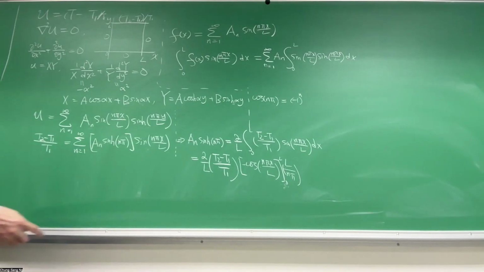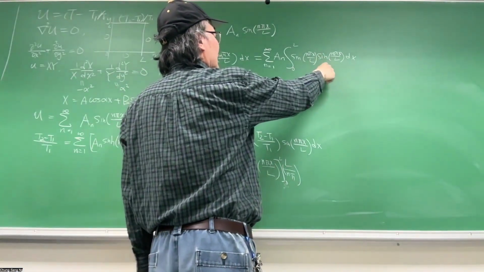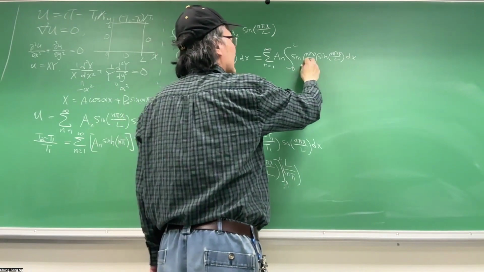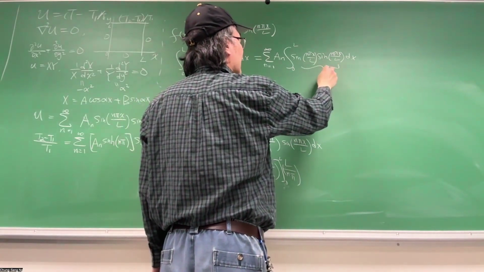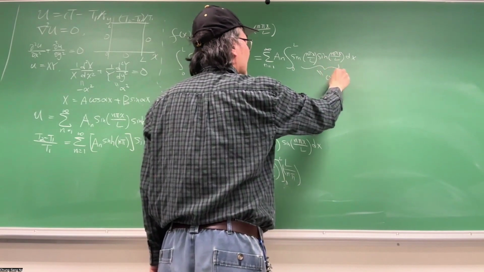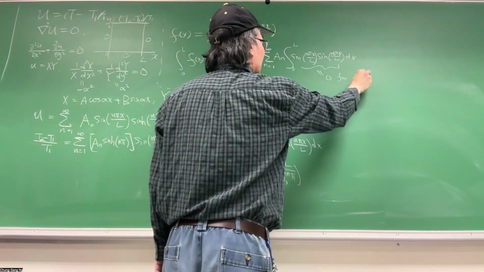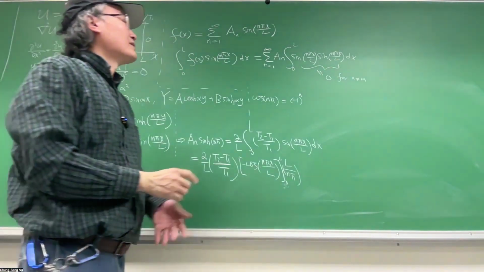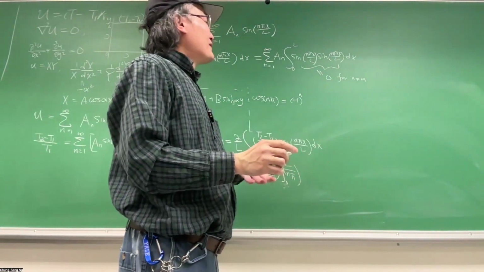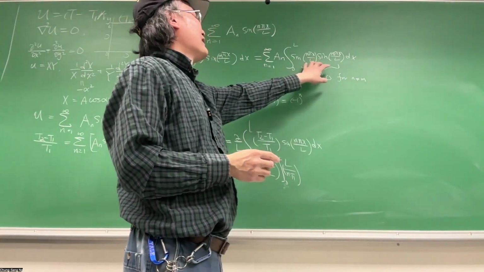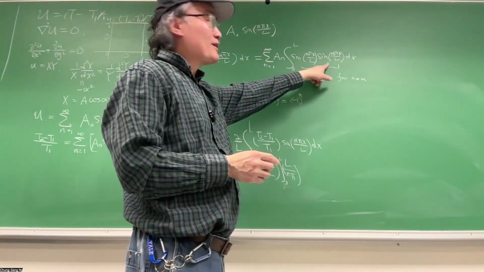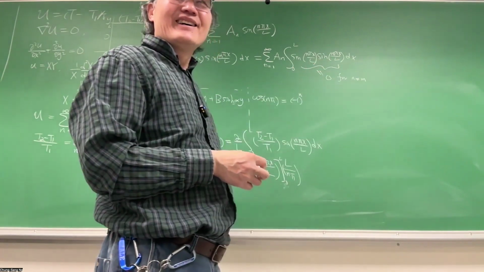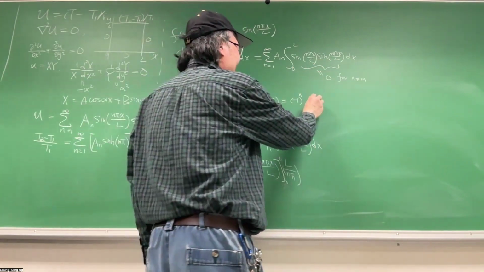Now I claim that this is 0 for n not equal to m. To show that, you use the product identity for sine functions, sine A times sine B. Do you remember that formula?